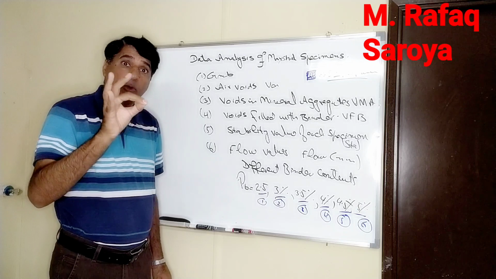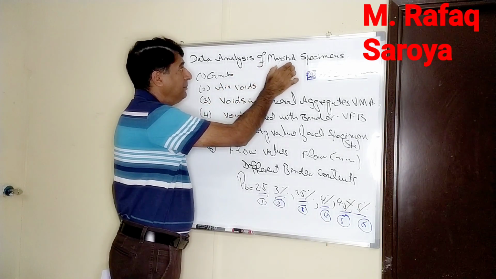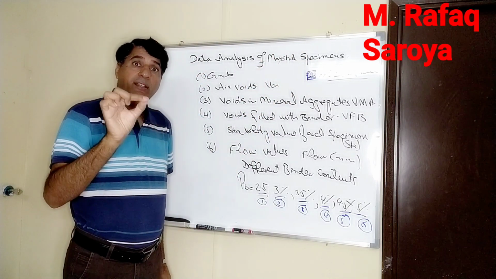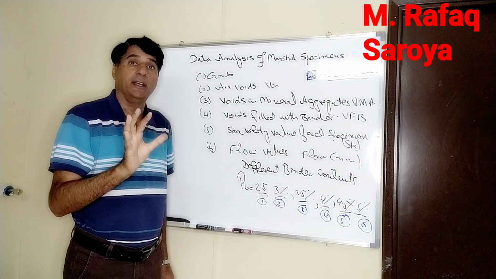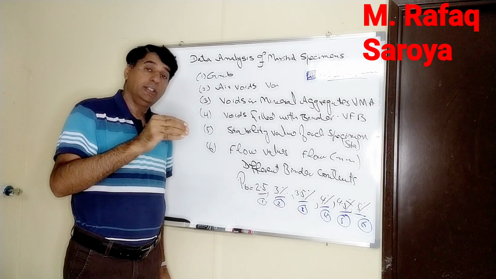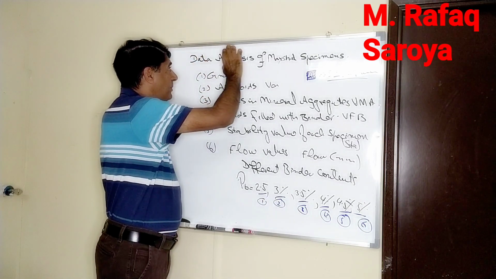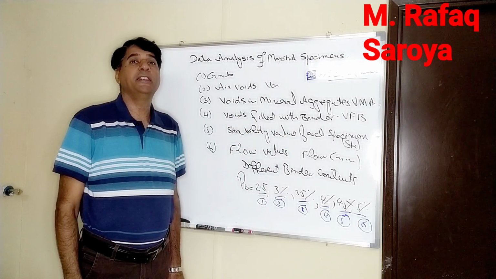And that data collected is known as Marshall specimen data. Let me repeat my word. That data collected is known as the Marshall specimen data. Now in my coming video, I will try to explain the data analysis of this specimen. Now the question is, what is the data analysis?